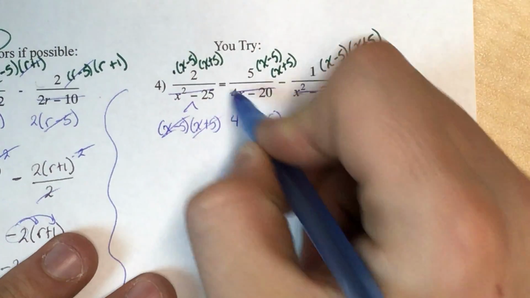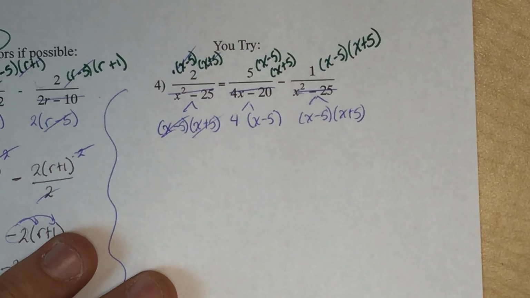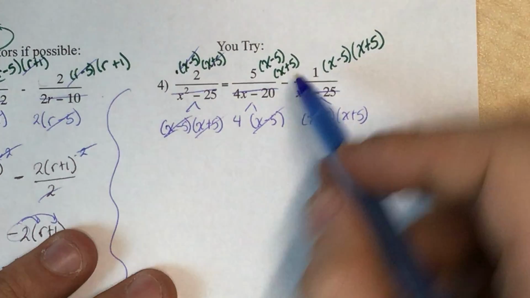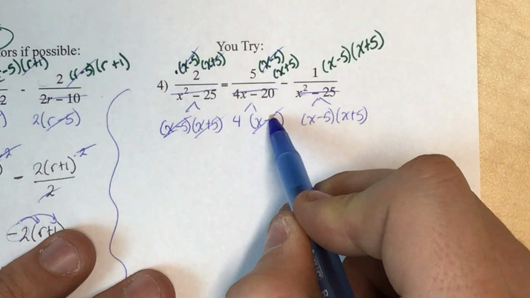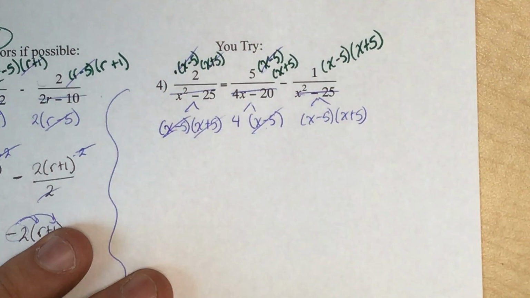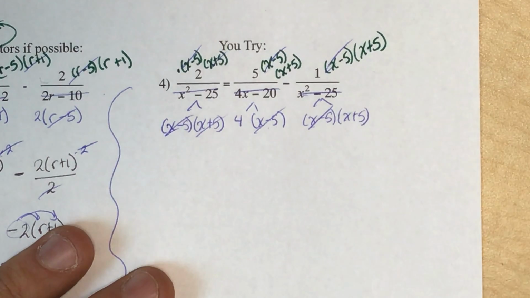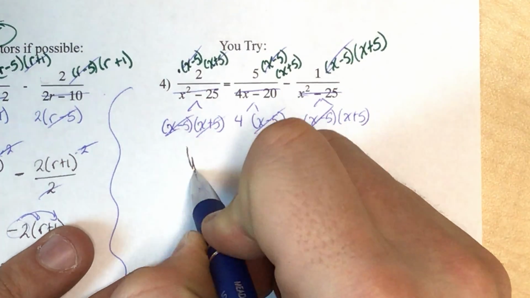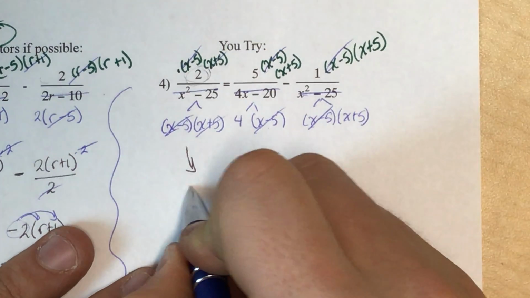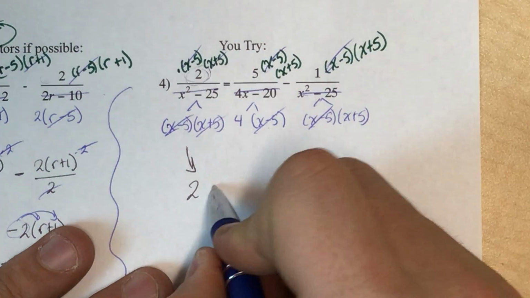The x minus 5 and the x plus 5 in the first term eliminate, which is what we tried to do. But the only thing in the second term that eliminates is the x minus 5, with the x plus 5 still left over. And then over here, the x minus 5 and the x minus 5 eliminate. So what we have left in this first term is just a 2, no denominator. We've eliminated all denominators.